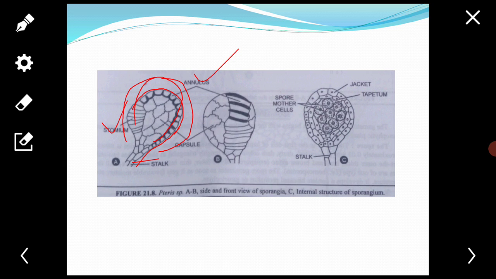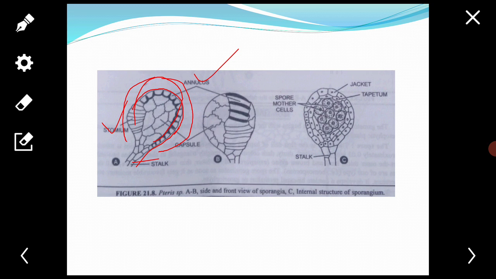The outer and side walls of the annulus are thin, whereas inner tangential and radial walls are thick. It helps in the dehiscence of the sporangium or capsule.